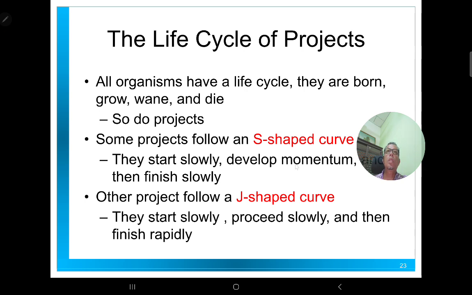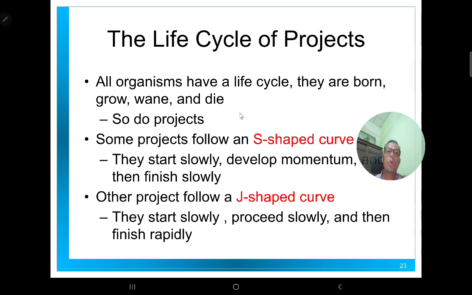So the life cycle of the project is something that you need to understand. It can take different forms depending on the nature of the project. All organisms have life cycles. They are born, they start, they grow, they win, and they die. So do projects.